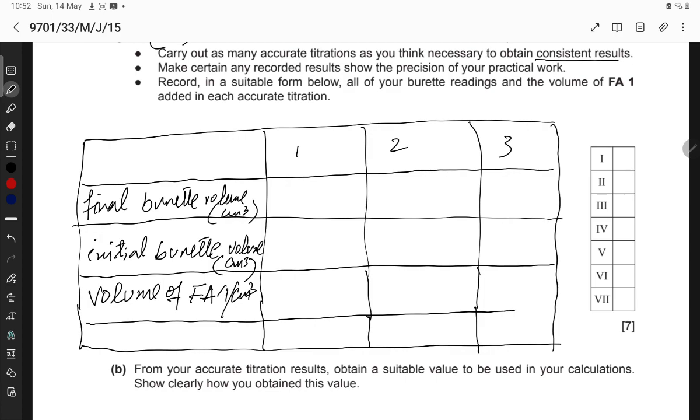And the last row is for the best titration result.